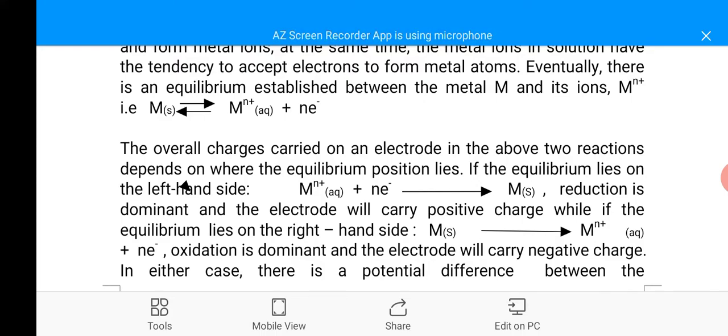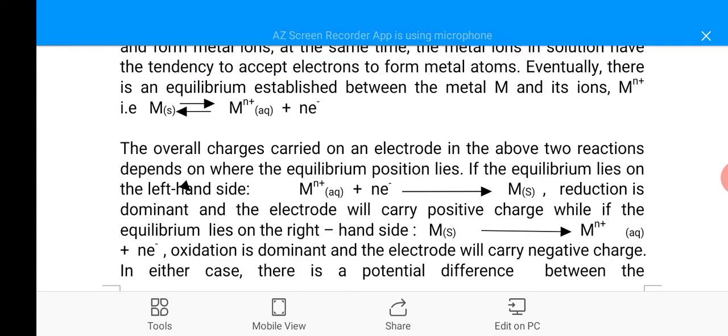That means M^n+ gaining electrons is undergoing reduction. That means reduction is dominant in such a metal ion and metal atom system. If the reduction is dominant, the electrode will carry positive charge.